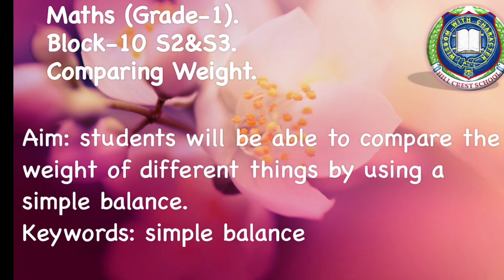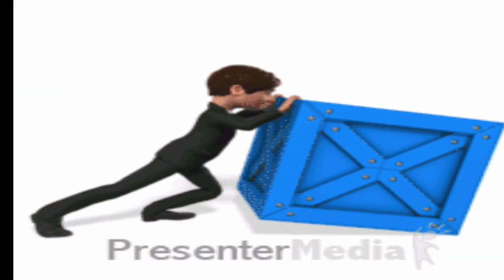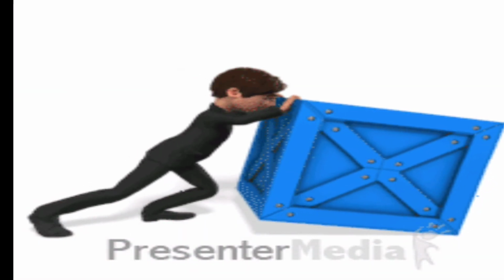So first, what do you know about weight? Or what is weight? Now, weight is how heavy or how light a thing is. That is the meaning of weight. So now I want you to look at this picture. Do you see this man pushing this box?